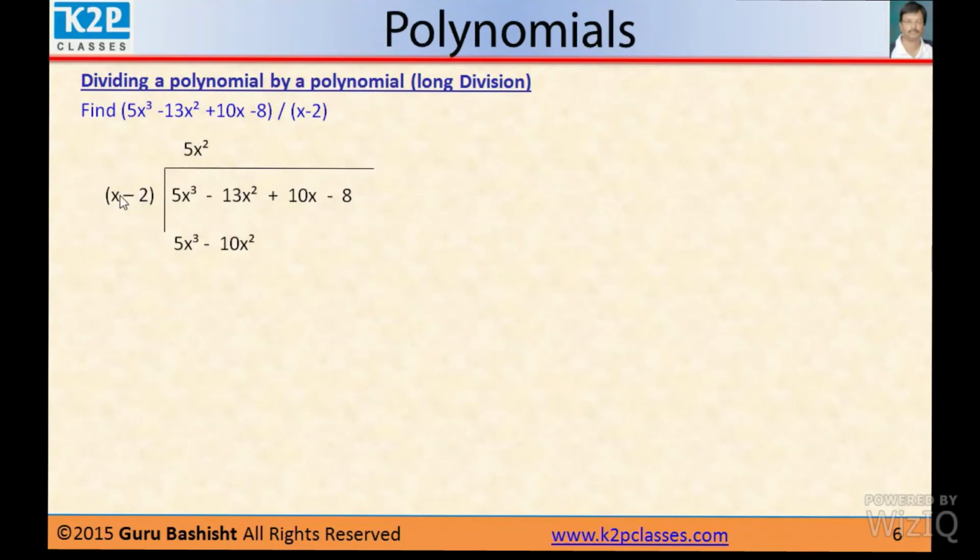If you multiply with this, it is 5x cube minus 10x square. A simple division. Then we change the sign for subtraction, and then this will cancel each other. And minus 3x square: minus 13x square plus 10x square is minus 3x square. This 10x will come here.